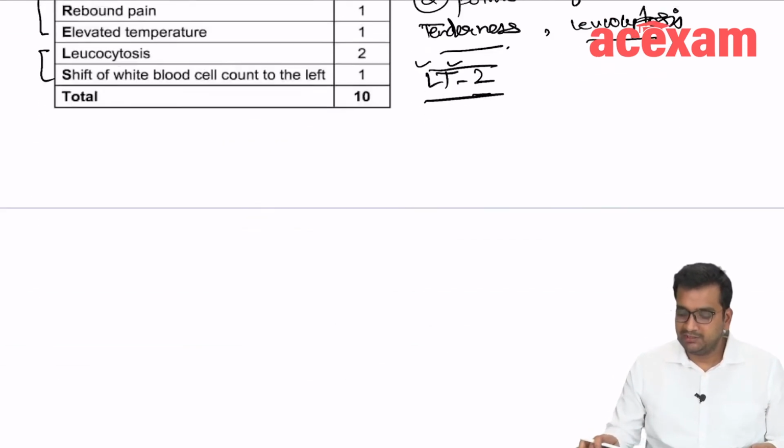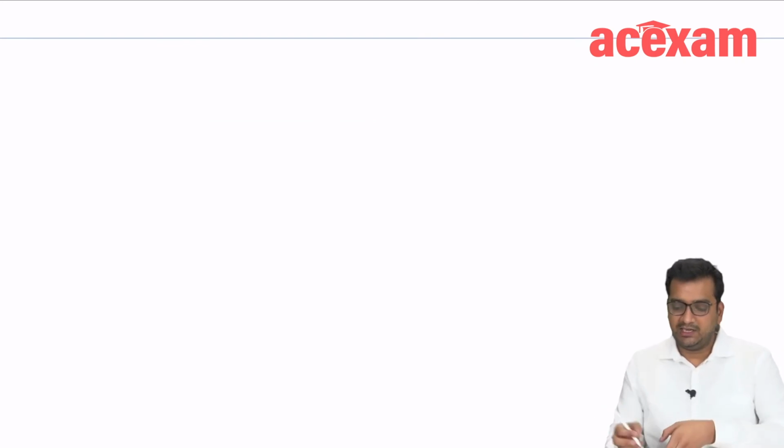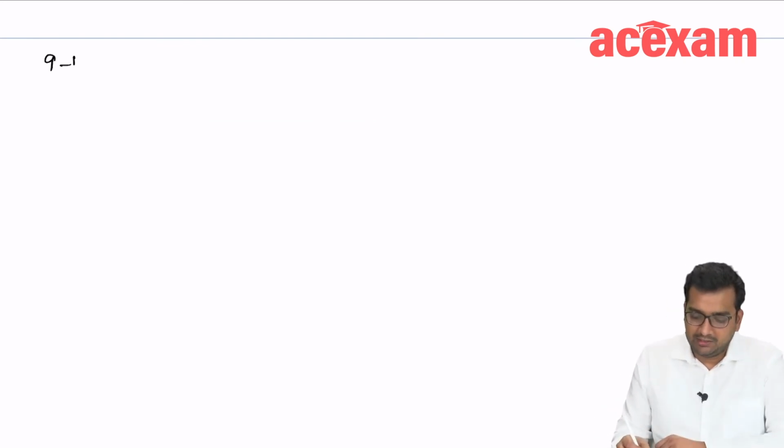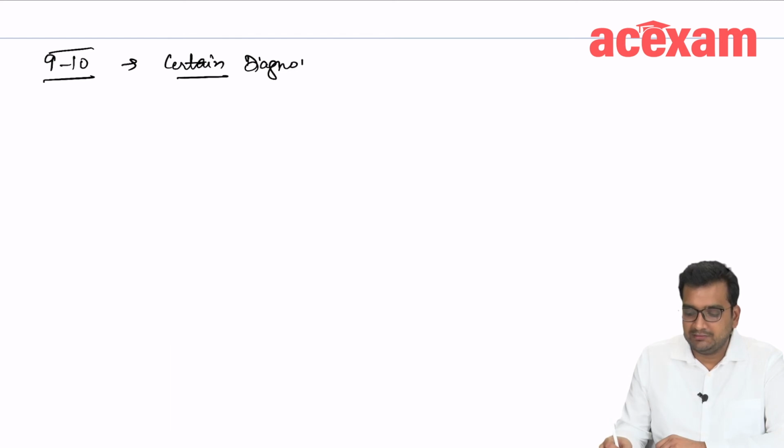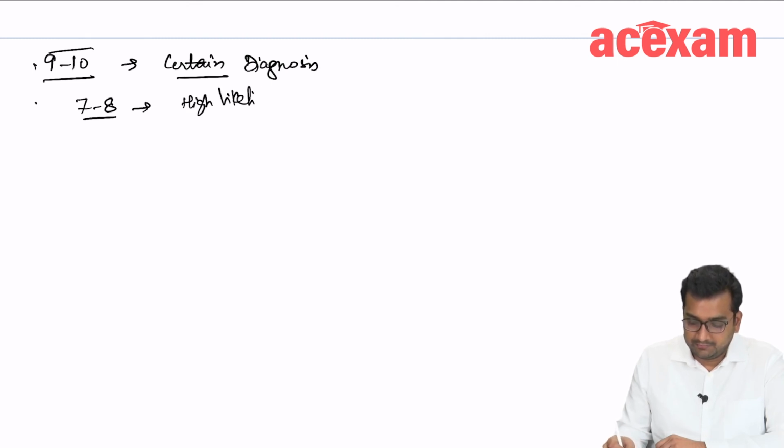Now, out of this 10, if the score is 9 or 10, then the diagnosis of acute appendicitis is certain. If the score is 7 or 8, then it is a high likelihood of diagnosis.